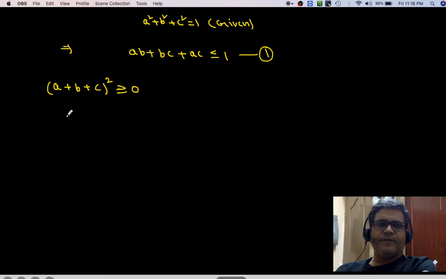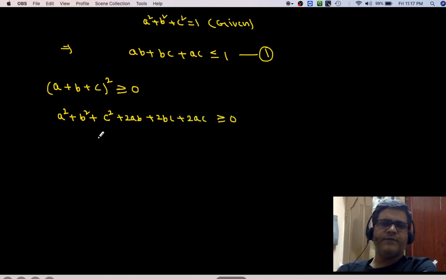So if you expand this one by using the a plus b plus c whole square formula, a square plus b square plus c square plus 2ab plus 2bc plus 2ac is always greater than or equal to 0.